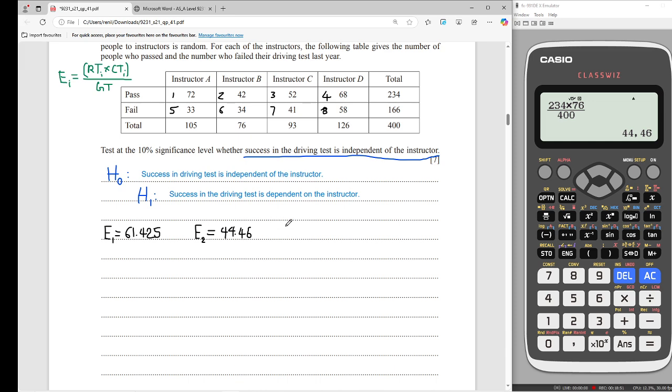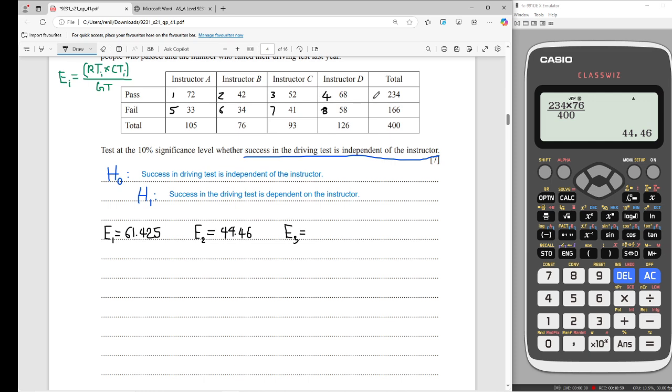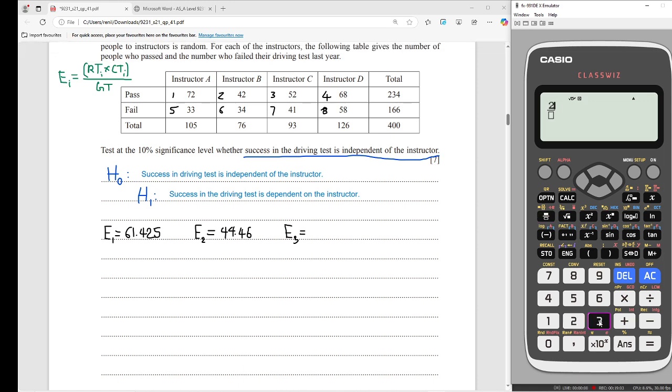Now to find E3: the row total 234 times the column total, which is 93, whole divided by 400. That is 54.405.